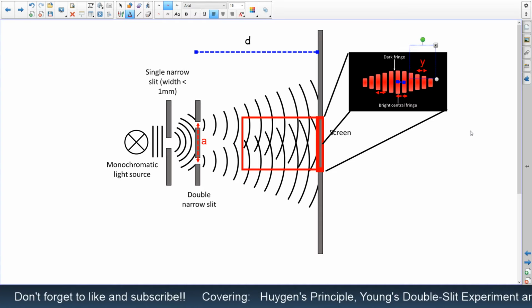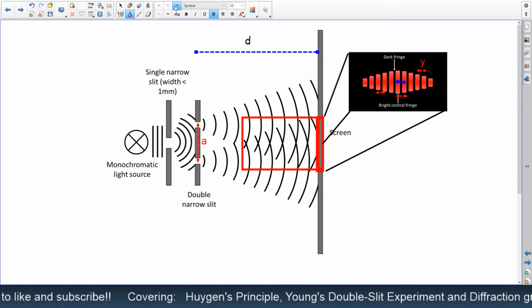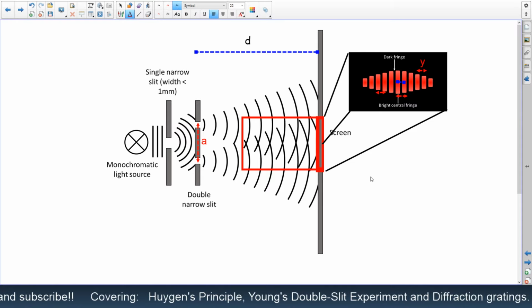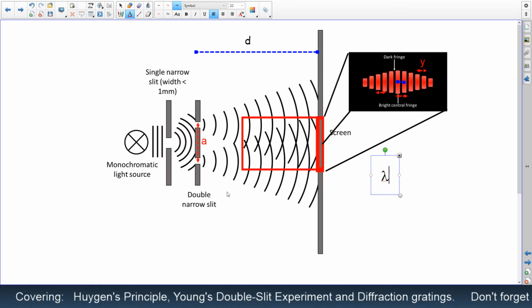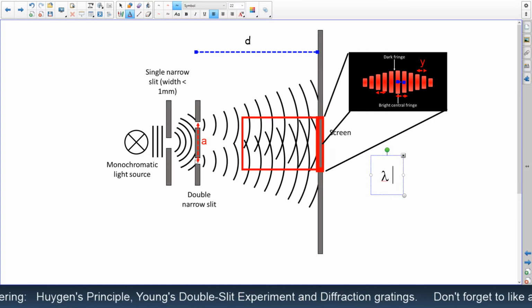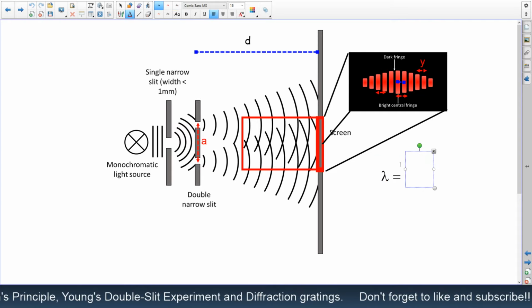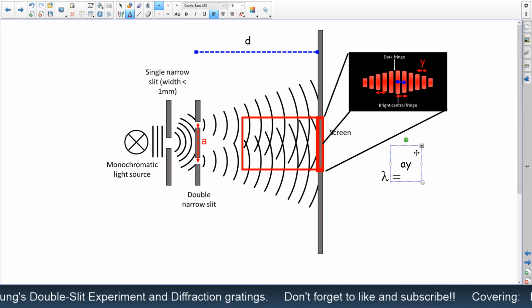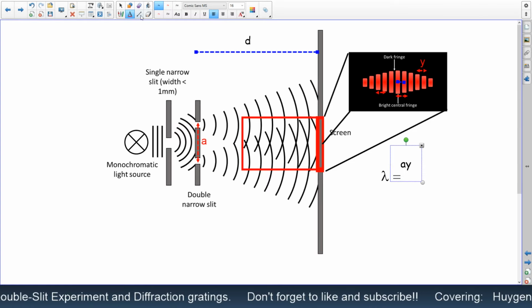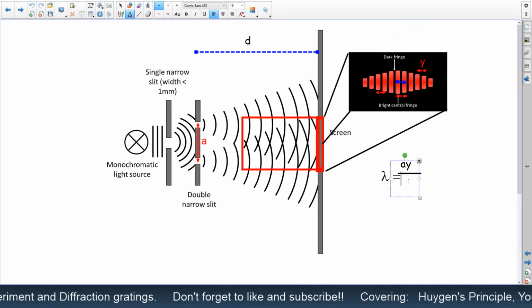Now, with some severely interesting trigonometry that's slightly beyond the scope of this course, you can show that the wavelength of the light that you're using is equal to the slit spacing A multiplied by the fringe spacing Y divided by the distance from the screen to the slit.